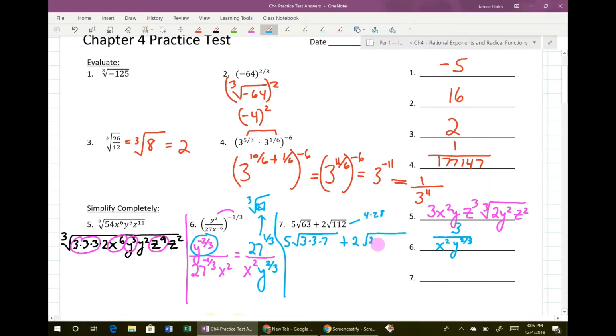So that's going to be 2 times 2 times 2 times 2 times 7. Again, these are square roots. When you take the number from in the radical to outside, you multiply by the coefficient that's already there. So you're going to get 15 square roots of 7 plus 4 times 2, so 8 square roots of 7. That gives you 23 square roots of 7.